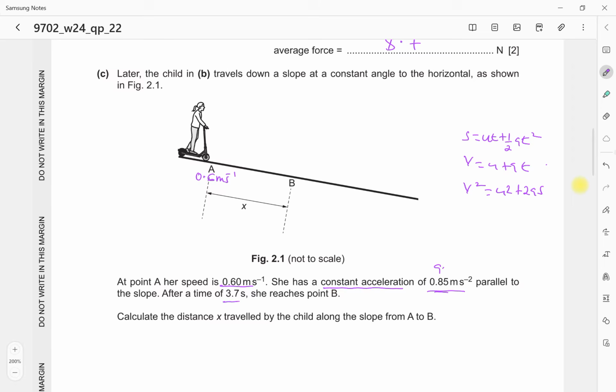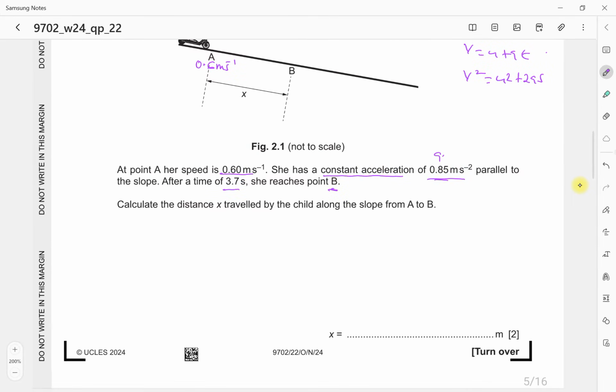After a time of 3.7 seconds, she reaches point B. So between A and B, the time is 3.7. Calculate the distance x traveled by the child along the slope from A to B. I can use many methods. Let me start with the first one, using s equals ut plus a half at squared. s is going to be x. Initial velocity was 0.6 at A, the time is 3.7, and the acceleration is constant, 0.85.